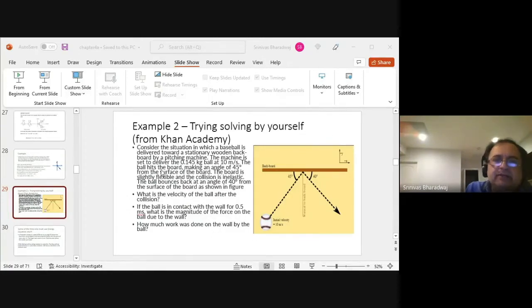So the fact that it is inelastic means that, what is the initial momentum? 10 times 0.145 at 45 degrees. So now that has a component in the horizontal direction of 10 times cos 45. So 10 times cos 45 in the horizontal direction will continue to be there.